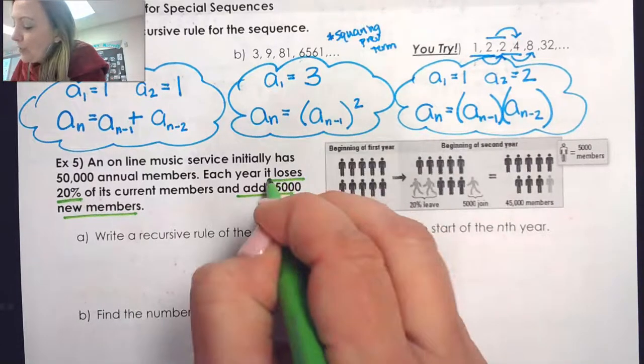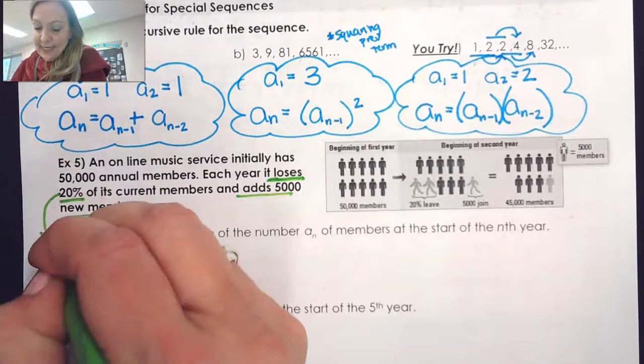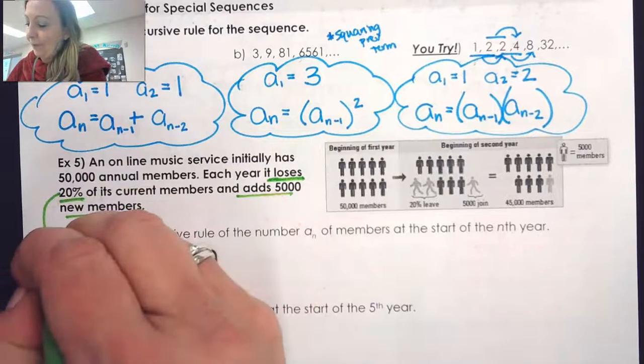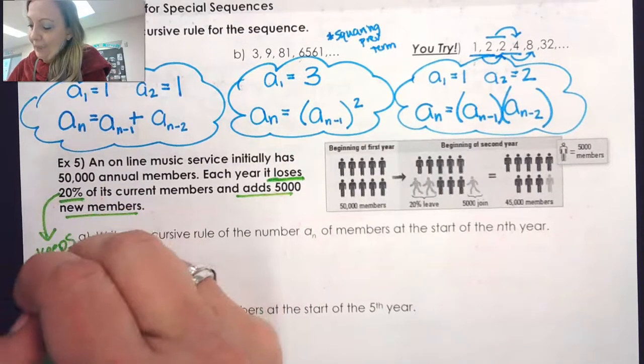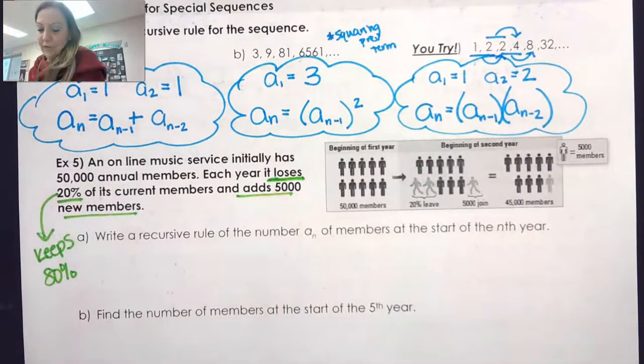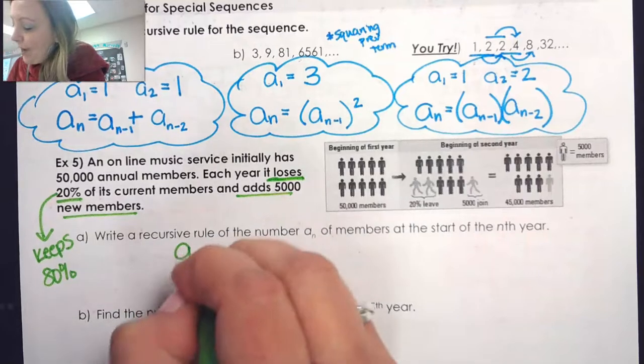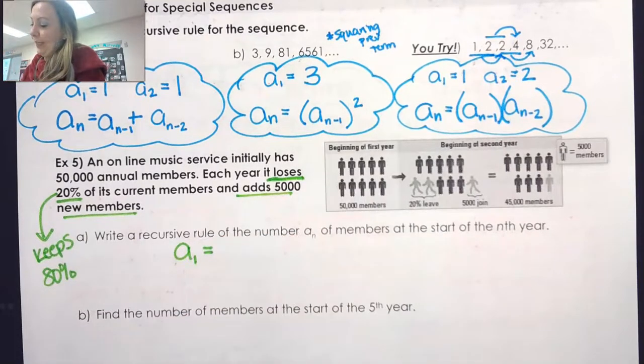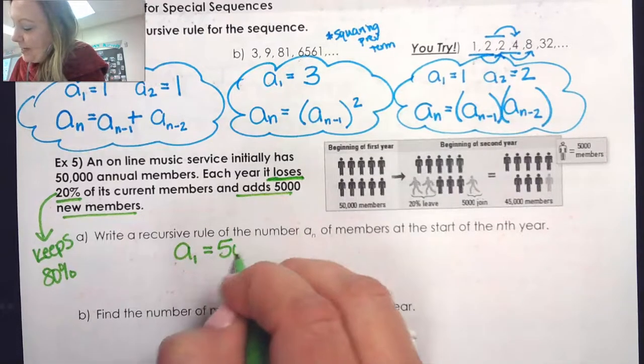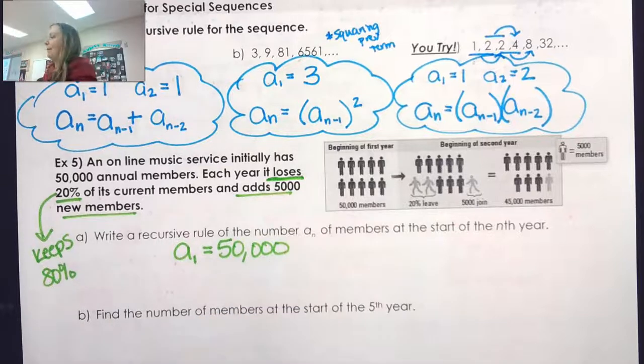So if it loses 20%, how much does it keep? 80%. Okay. So what would our a sub 1 be defined as? Where did it start? 50,000. It initially has 50,000 members.